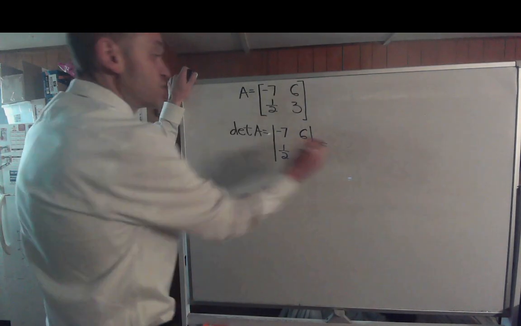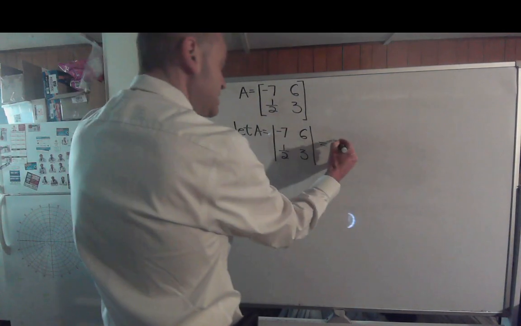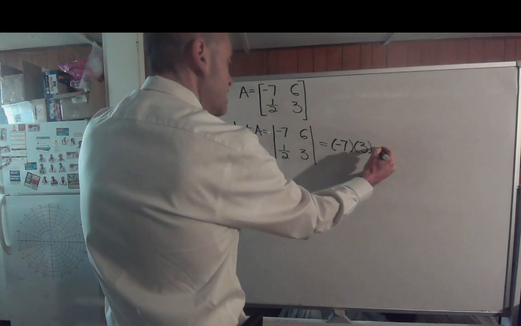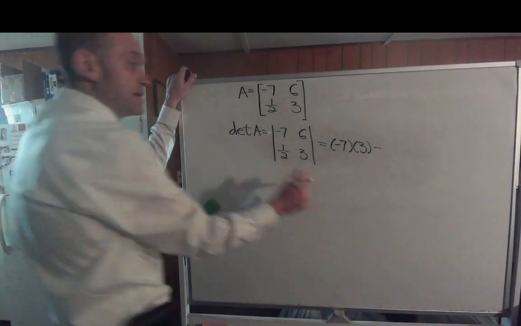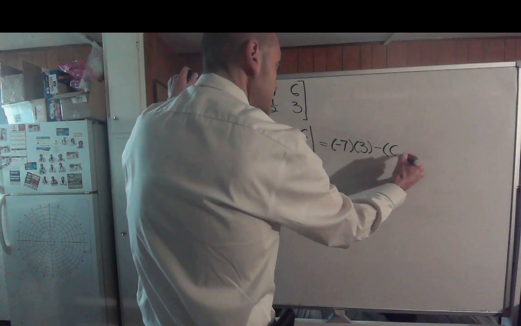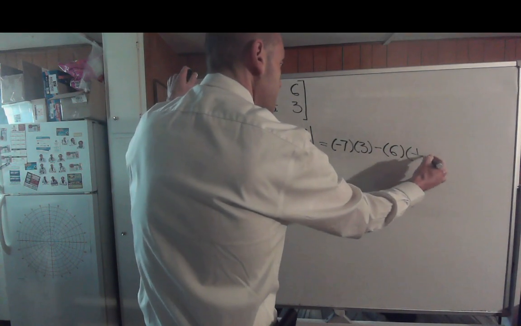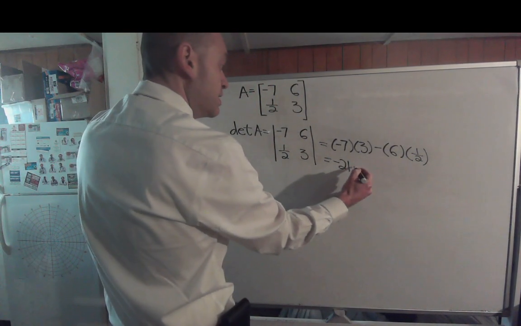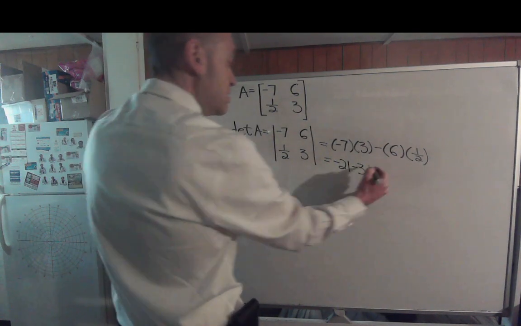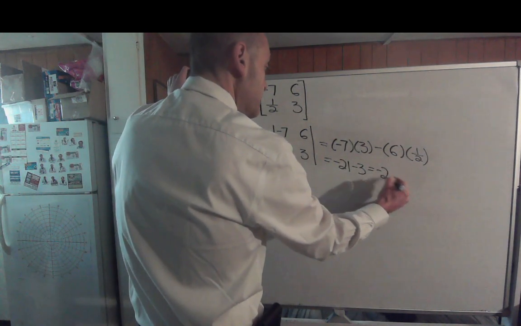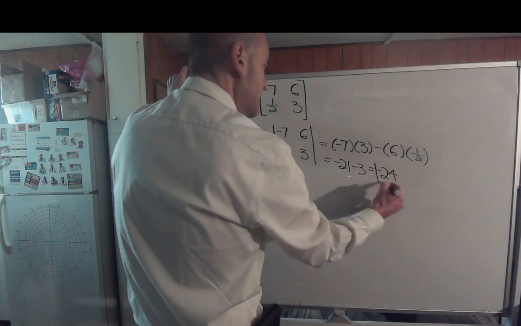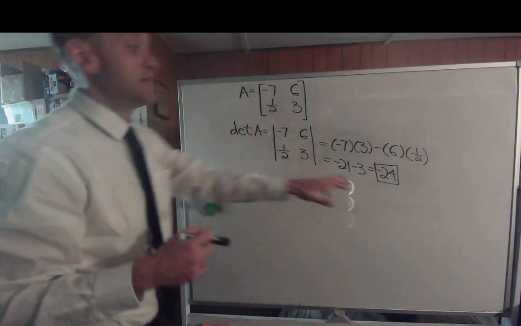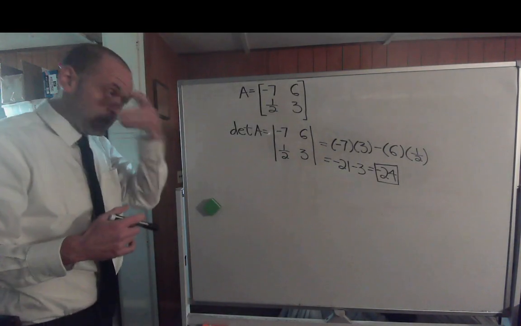Now you take a times d, so that's -7 times 3, minus b times c, so that's minus 6 times 1/2. You should get -21 minus 3, which means the determinant of this matrix is -24. So the determinant of A in this case is -24.